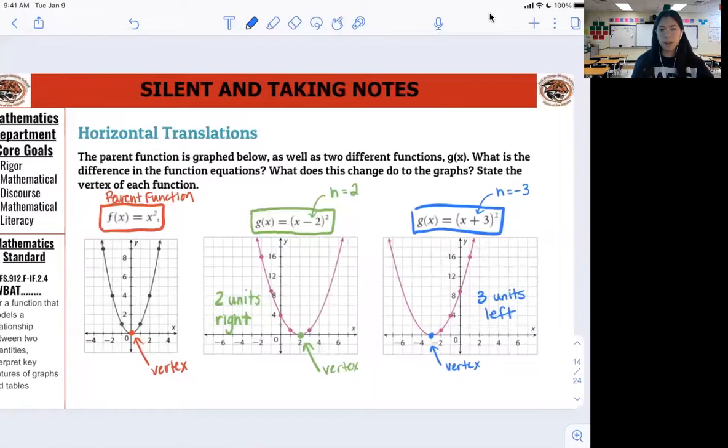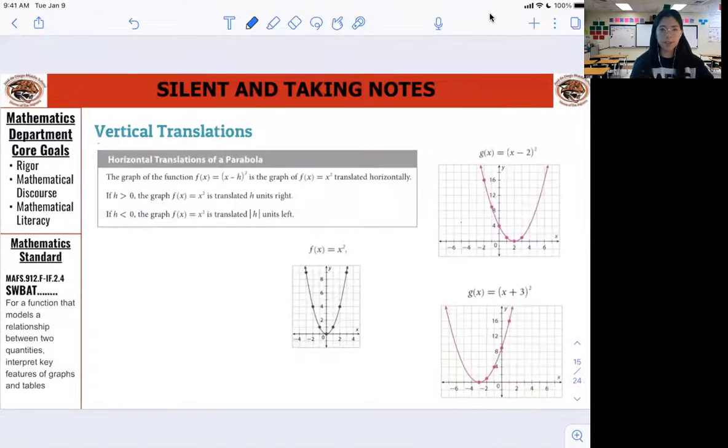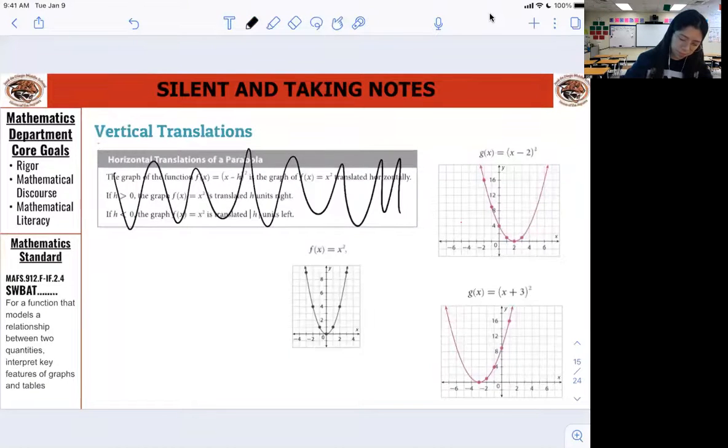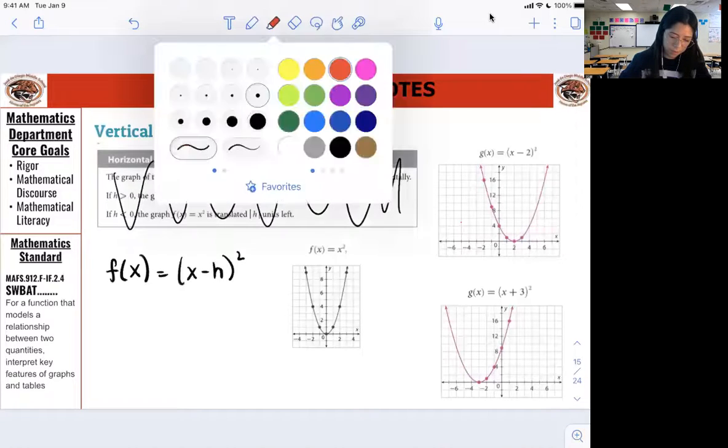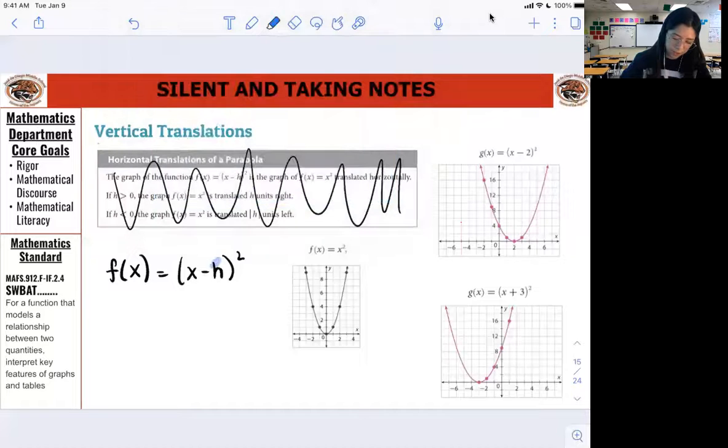So one last slide, one last definition. Again, ignore what I have here because I just want to write it down. Okay, so H is this number right here.